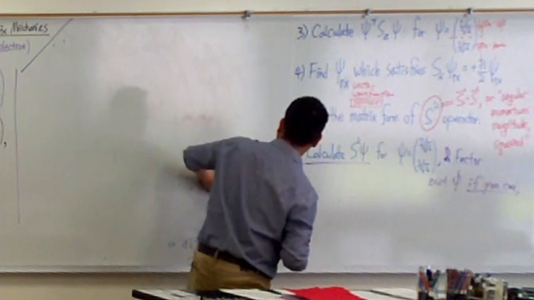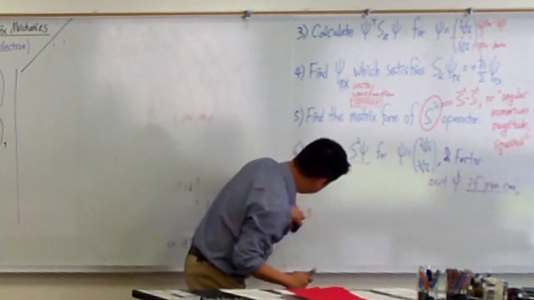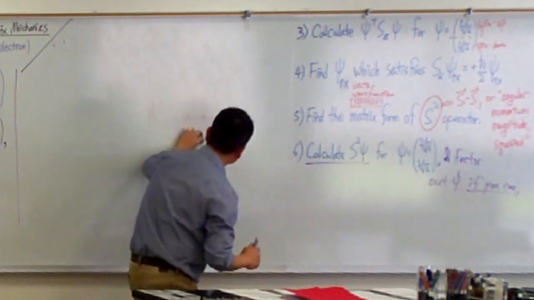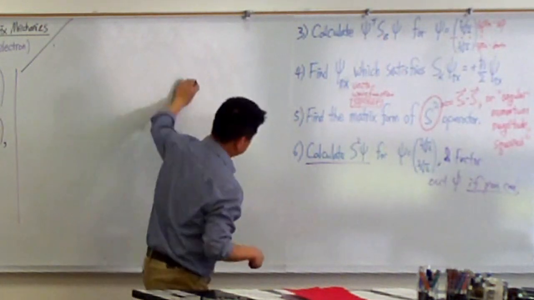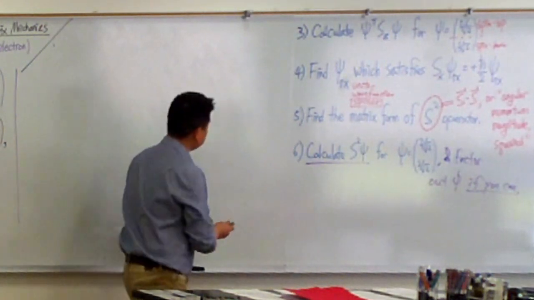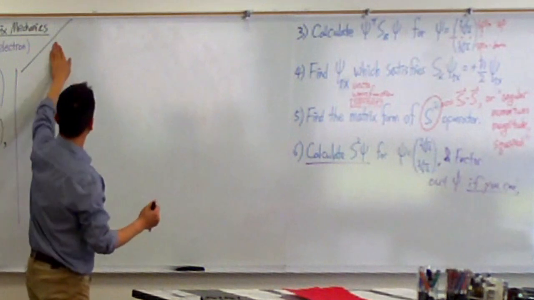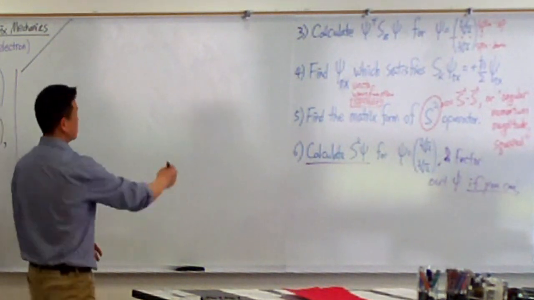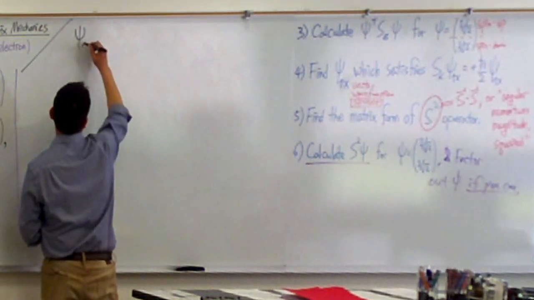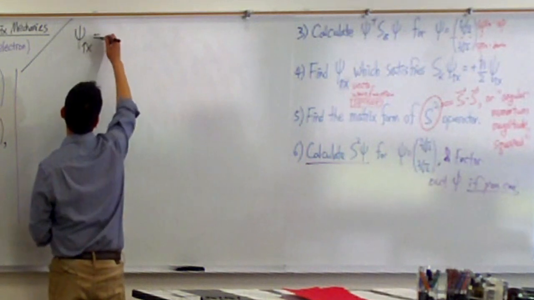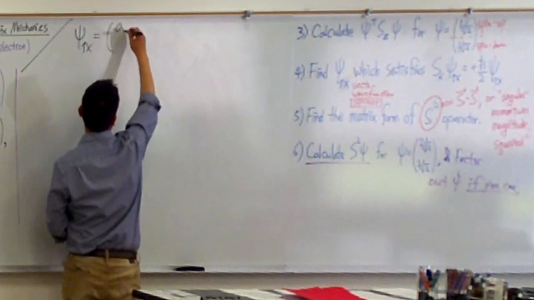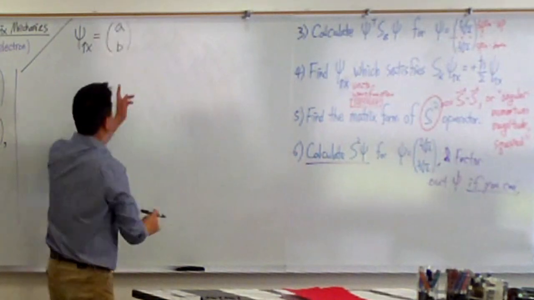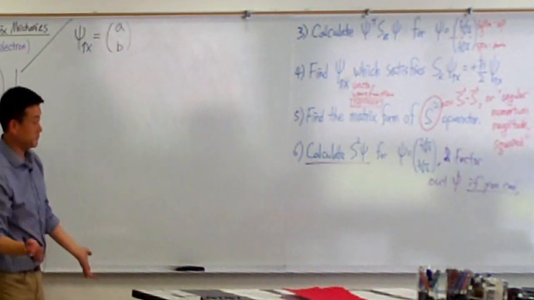So for question 4, what we were tasked to do is we had this particular equation. Let's give it some labels. The spin up in the x direction will have components a and b, and these are potentially complex numbers.